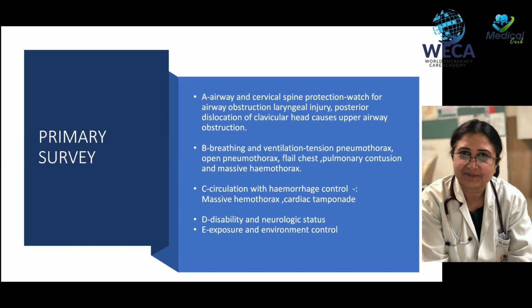C is for circulation with hemorrhage control. Here in blunt trauma, we have to focus in the circulation part for massive hemothorax and cardiac tamponade. D is disability and neurological status. E is exposure and environment control, prevent hypothermia to the trauma patient.